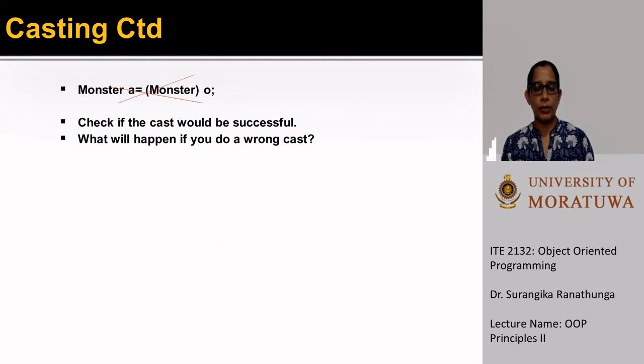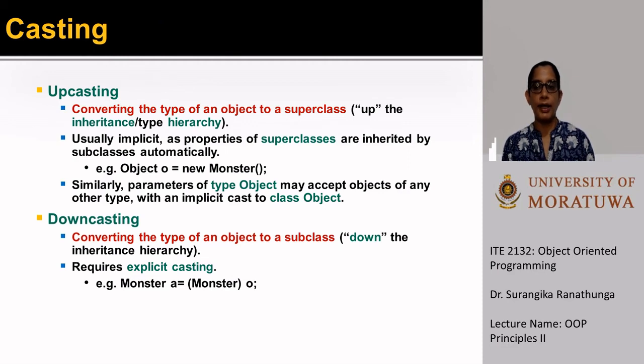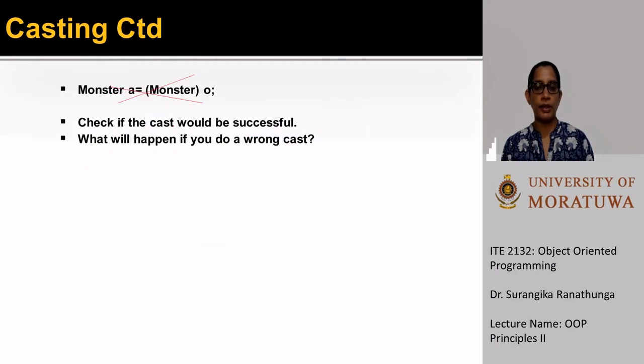Sometimes we do an upcasting, and later we'll have to do downcasting. Although we do the upcasting implicitly without specifying anything, the same object cannot be downcasted implicitly. We have to specifically add this condition, but if we make a mistake, it will give an error.